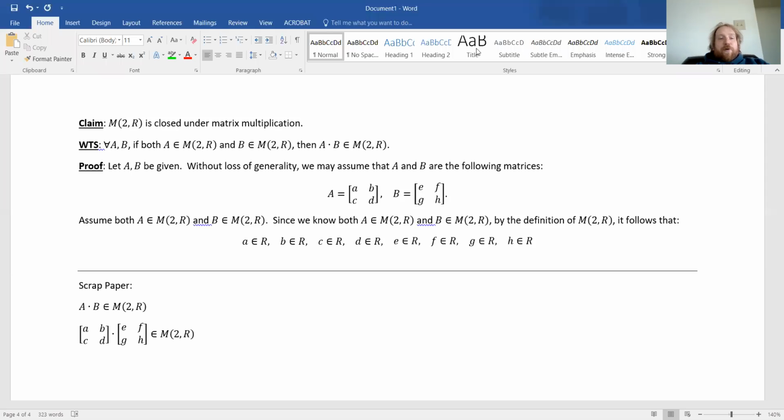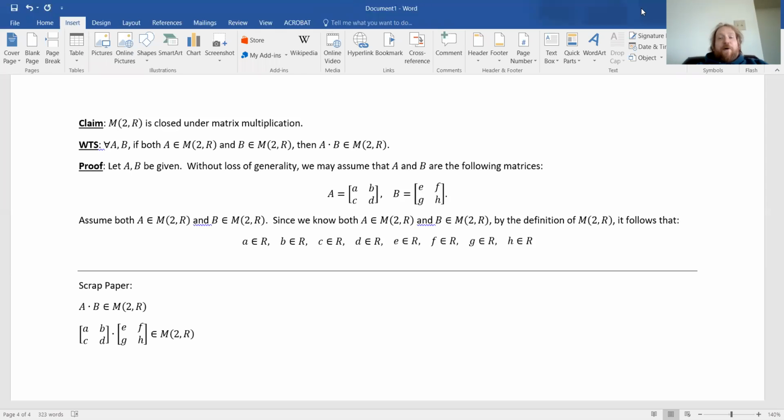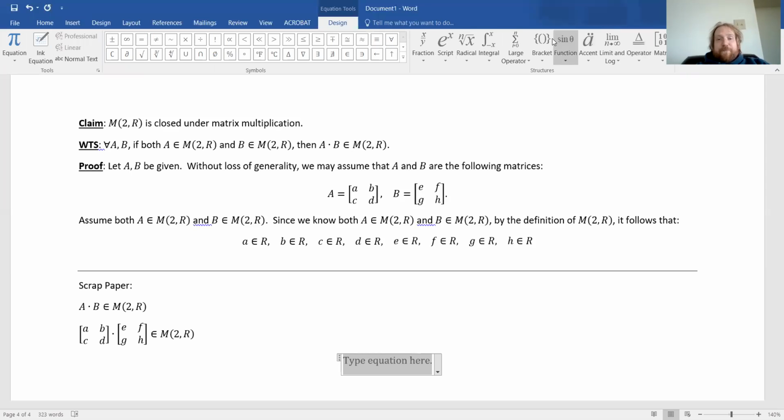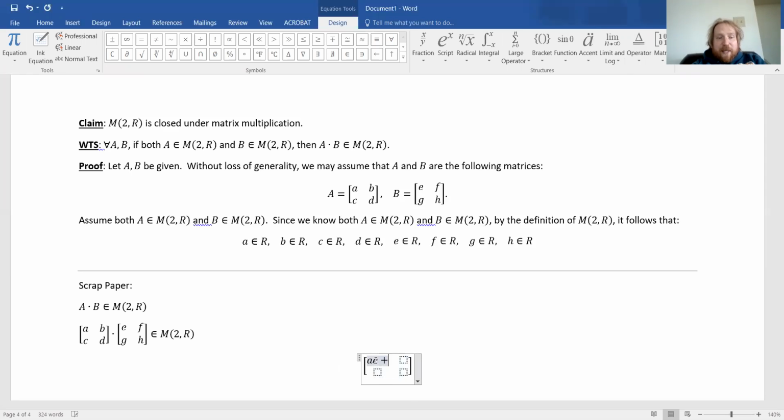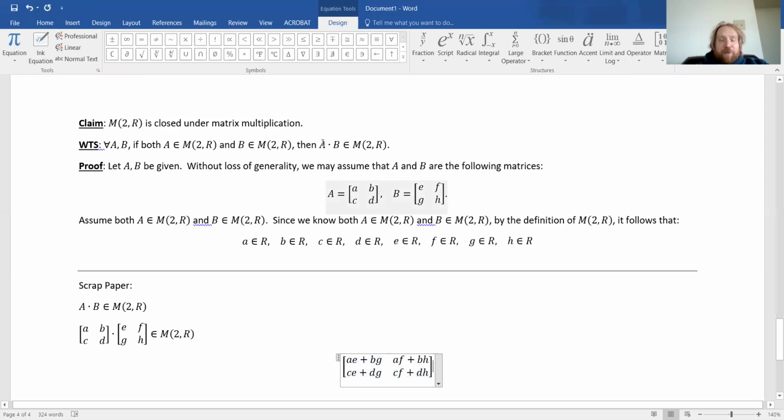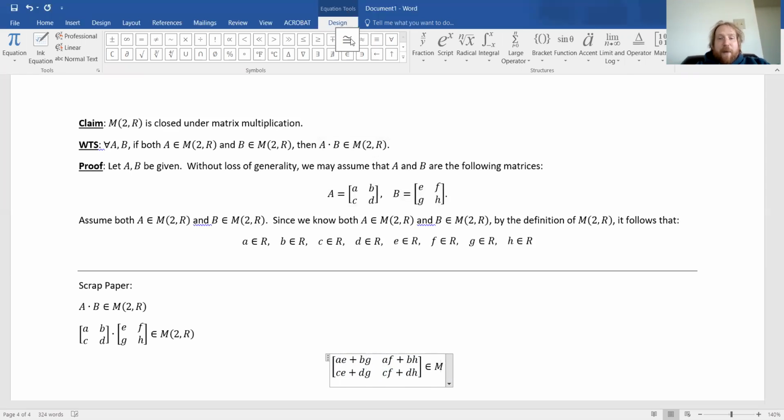Now, let's actually do this matrix multiplication out. When I do this out, I get AE plus BG, CE plus DG, AF plus BH, CF plus DH. So I need to show that that matrix is a member of M2R.